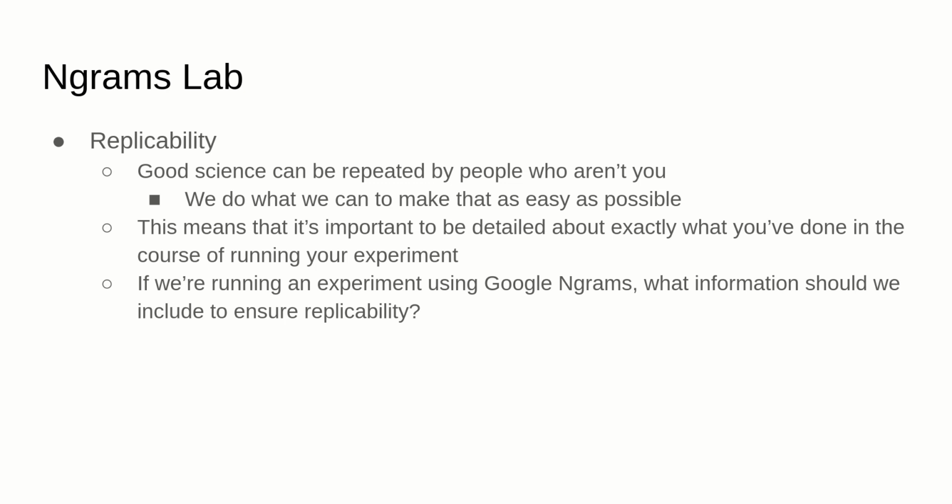So there's nuance to this that you will always have to do when you're thinking through algorithms and what they are useful for, and when you're thinking about using the results that come out of technological solutions like algorithms and data visualizations. When you write your Ngrams lab report, one thing you want to pay attention to is replicability, that someone else could look at the report that you provide and that they could repeat that same experiment, that same analysis that you did.